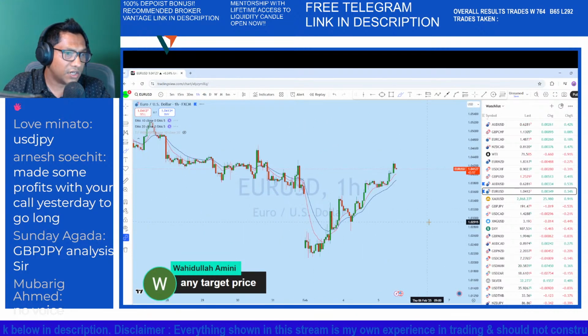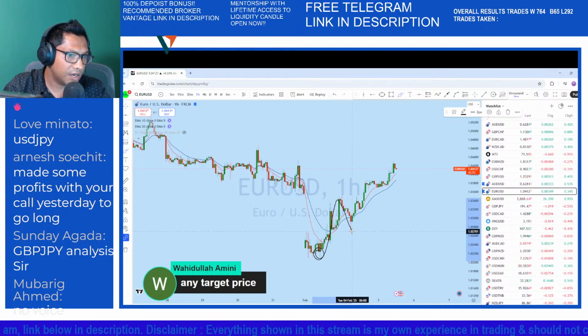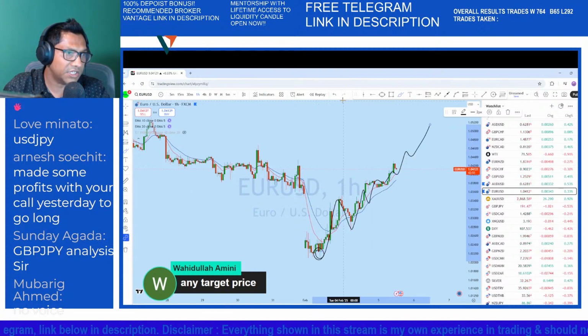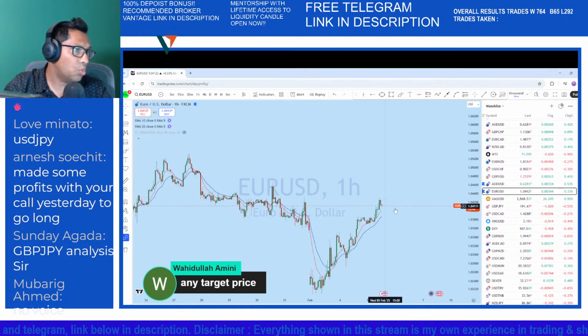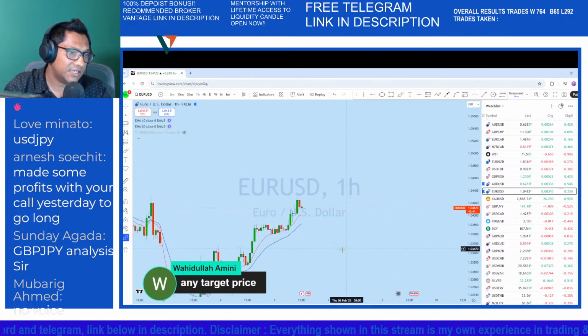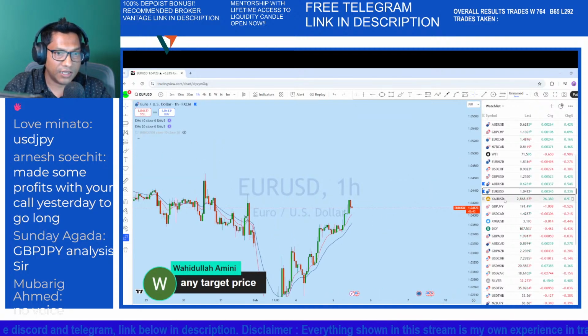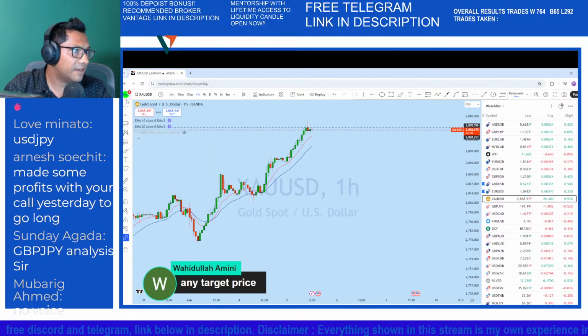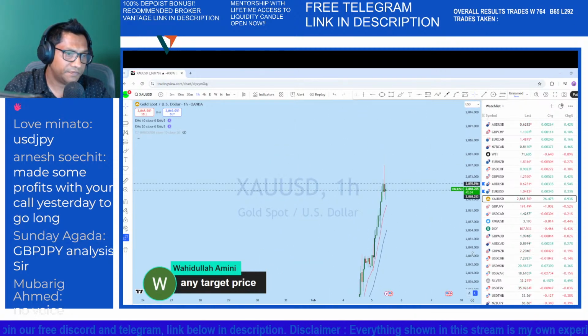Looking at the 1-hour chart, this is an impulse and correction, the market forming a series of higher highs and higher lows, which is an uptrending market structure, wanting to see the price break above. And let's look at XAUSD, again looking at the trend.